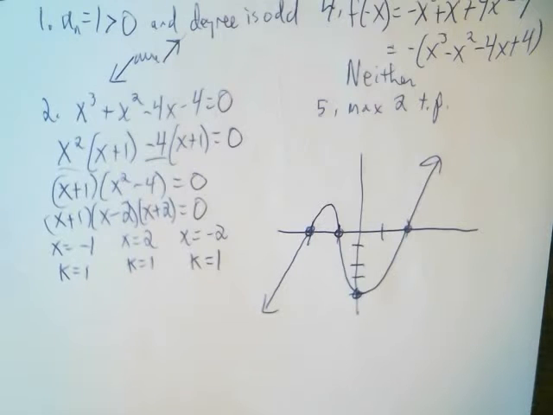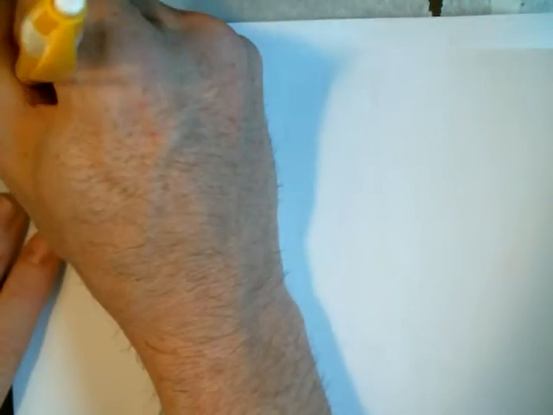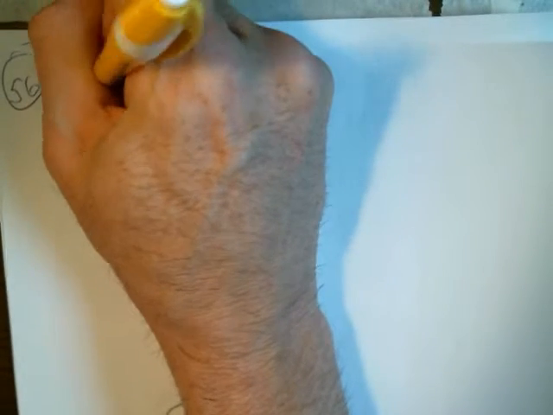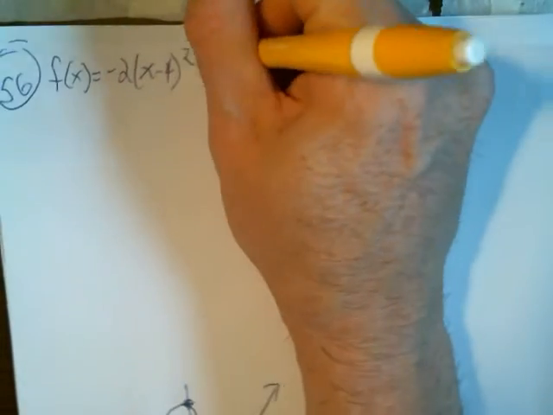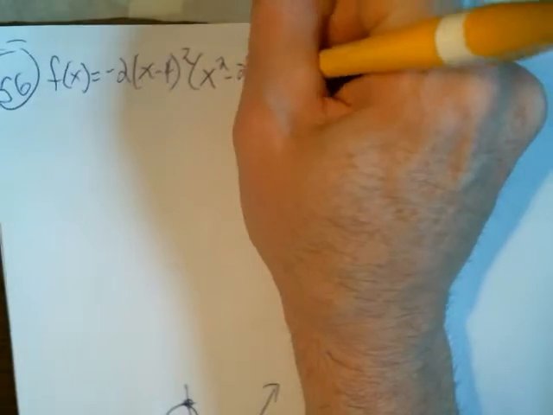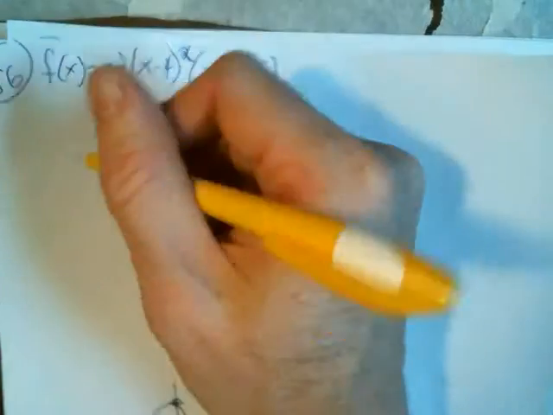Let's think of another, so this will be 56. This time we have f of x equals -2 times x minus 4 squared times x squared minus 25. Okay, so we go through the same spiel.